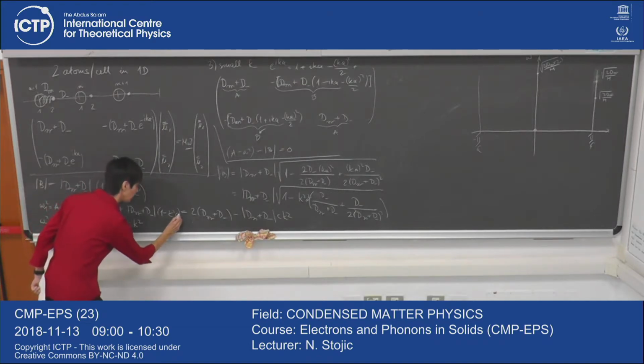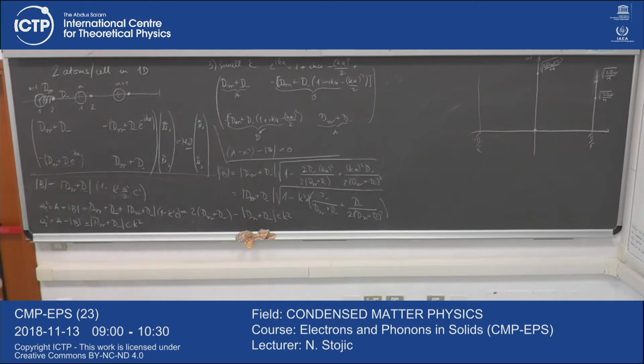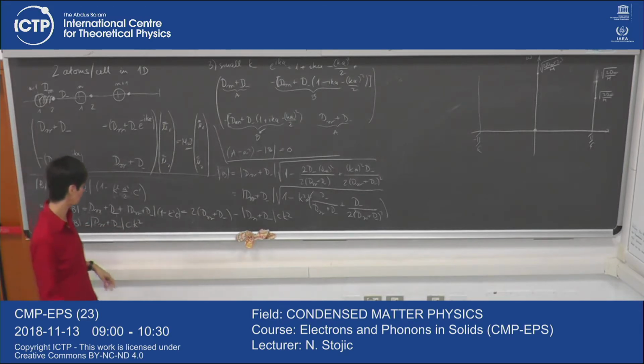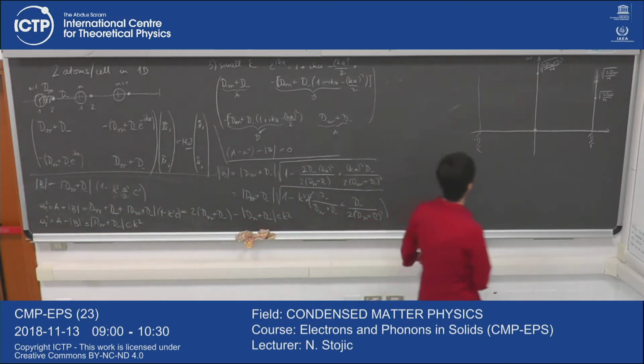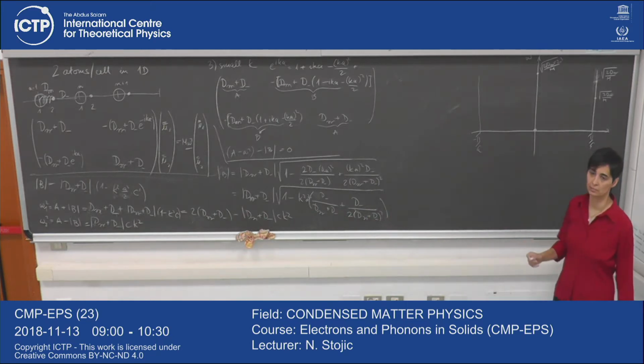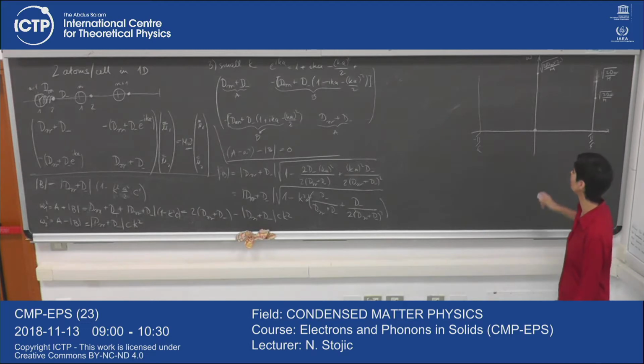So this is squared, no? Yes. So omega is proportional to k. So again we are getting the linear behavior. All this pain to get something which is not so complicated.